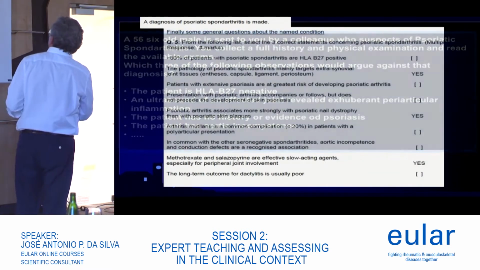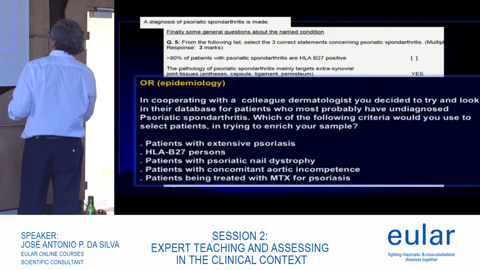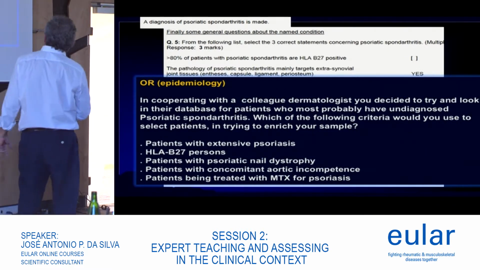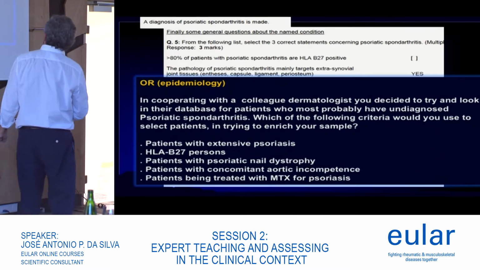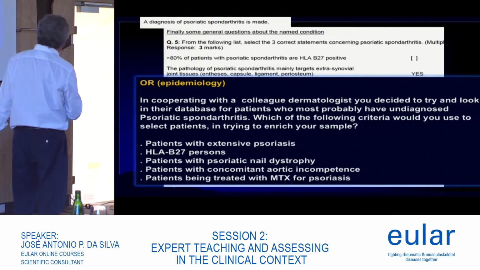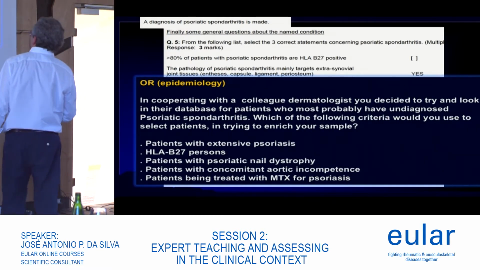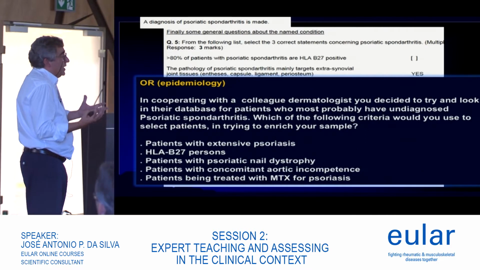Now you might consider your question like this, epidemiology. Collaborating with a colleague dermatologist, you decide to look in their database for patients who most probably have undiagnosed psoriatic spondyloarthritis. Which of the following criteria would you use to select patients to enrich your sample? This is a clinical problem.